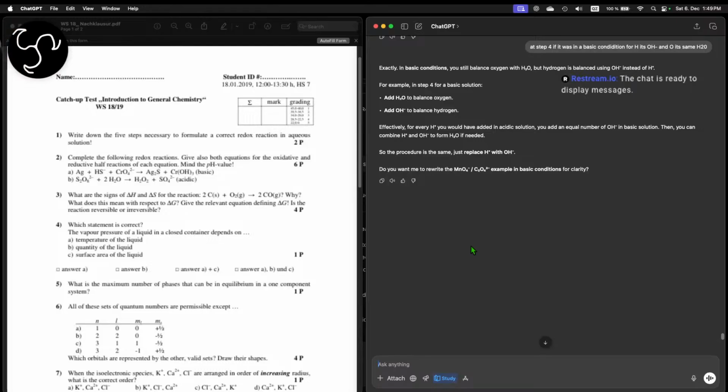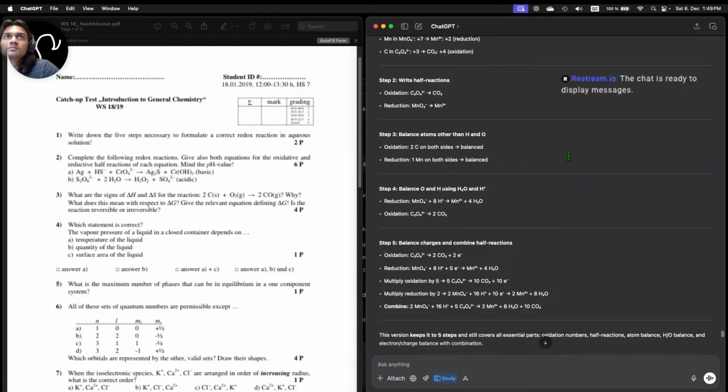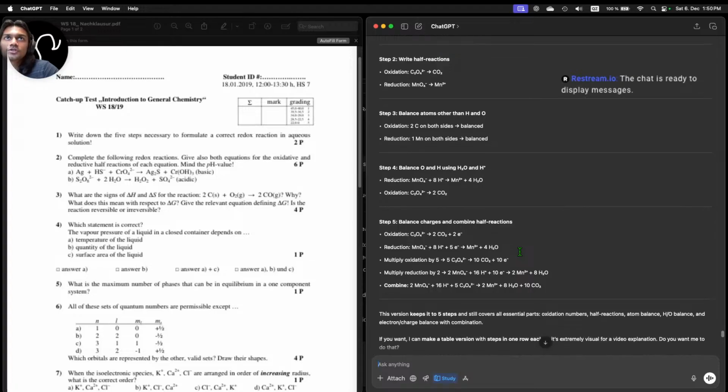Close this window. Now C2O4, that's balanced. What the fuck? Now, balance charges, oxidation.